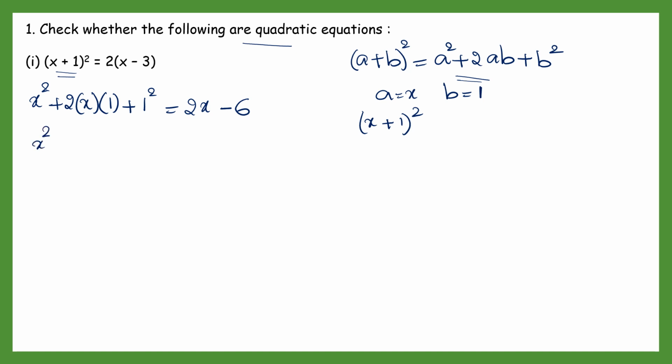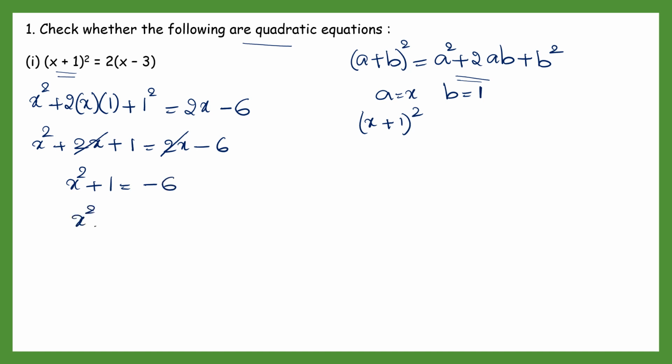So x square plus 2x plus 1 is equal to 2x minus 6. 2x is common on both sides, so it gets cancelled. x square plus 1 is equal to minus 6.